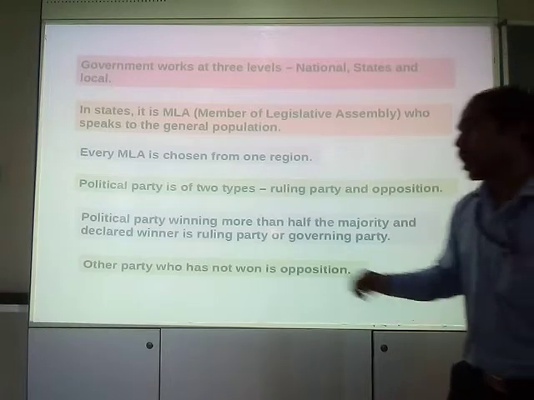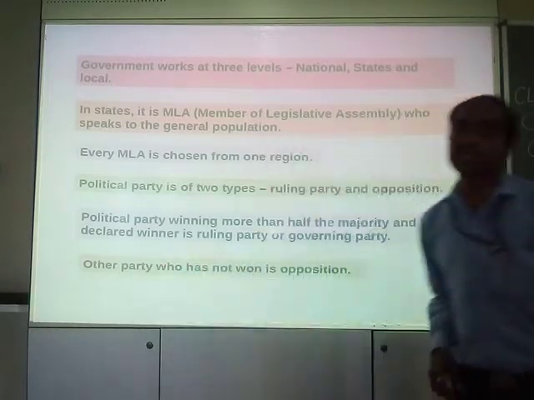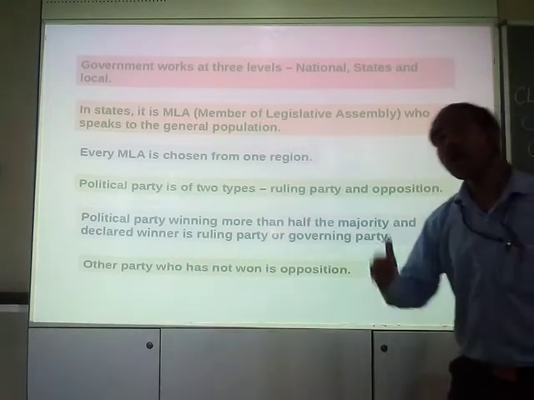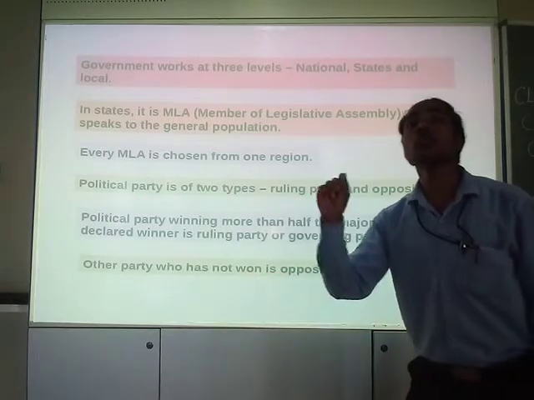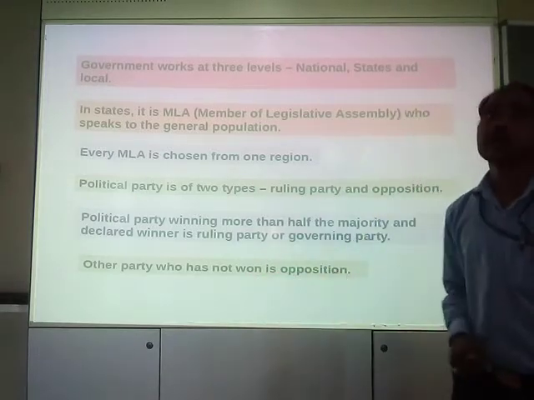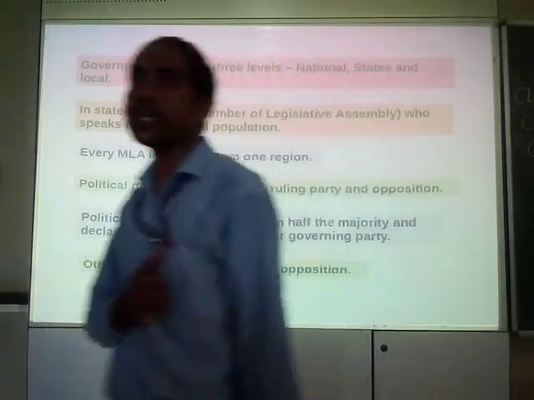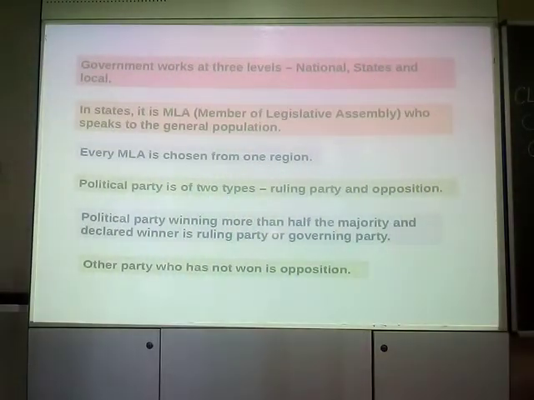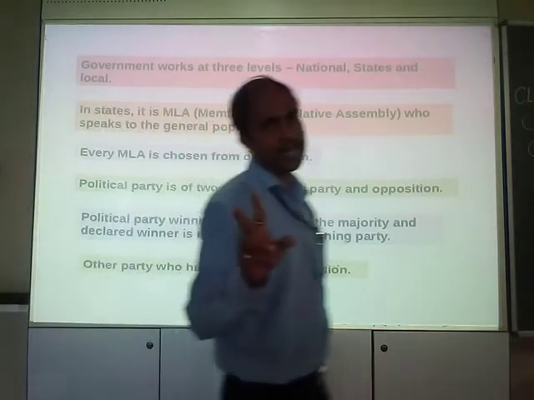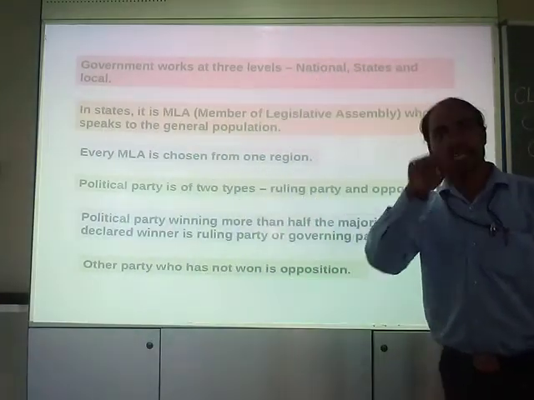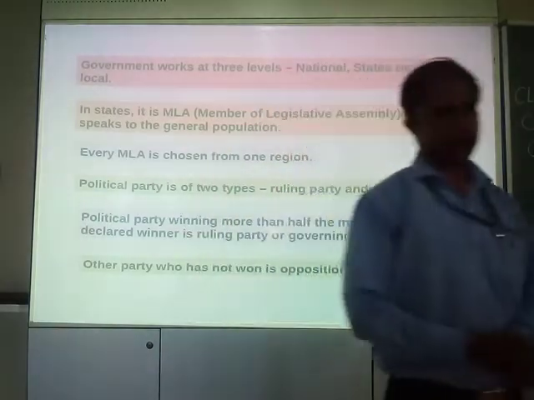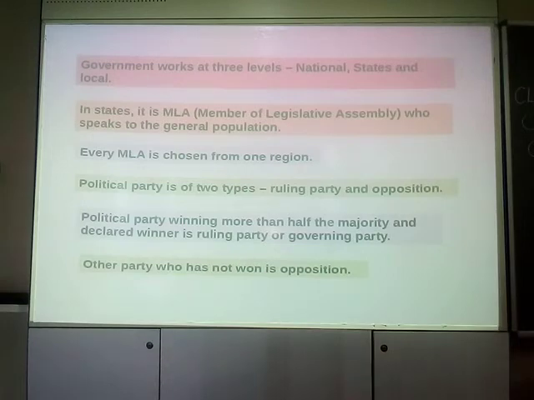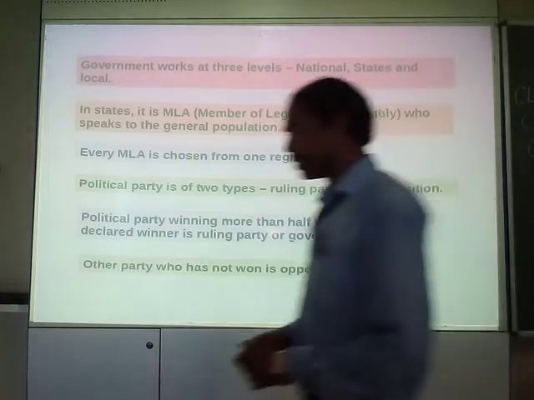Another name for the ruling party is the governing party. The party which won the elections is declared the winner and considered the ruling party. The other party, which has lost, is the opposition party. Win and defeat are the two faces of a coin. So winning party, ruling party; losing party, opposition. Very simple, right?